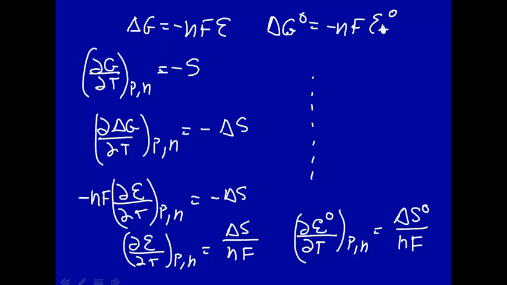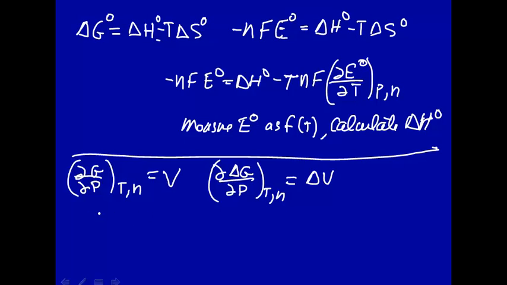Let's go up here and substitute in for delta G what E is. So we can just write minus NF, how E changes with pressure at constant temperature and number of moles, is equal to delta V.